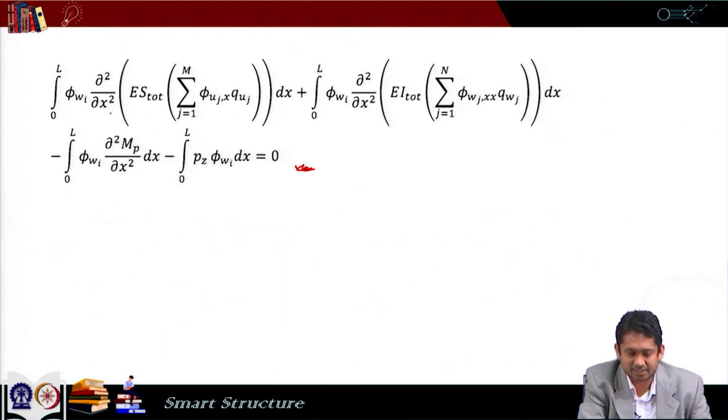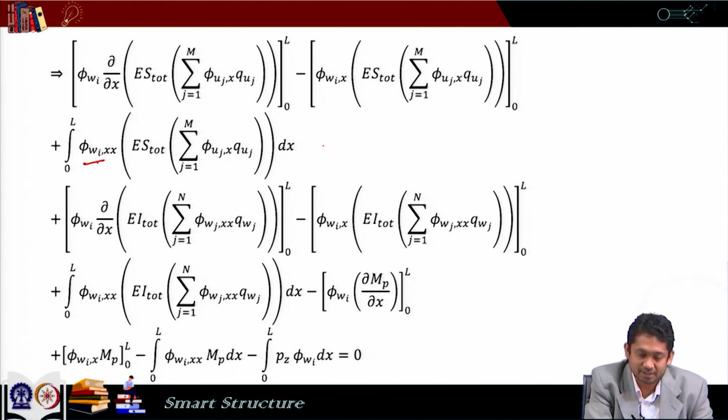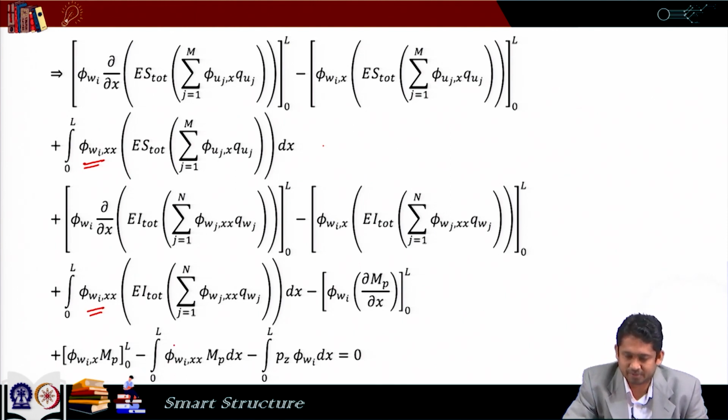In this equation we can see that here also we have second order derivative and here also we have second order derivative. So, the integration by parts has been done twice and that gives two derivatives to this w and this phi and two derivatives to this phi. So, we get in the integrals phi w I differentiated twice, here also phi w I differentiated twice, and these are the boundary terms.